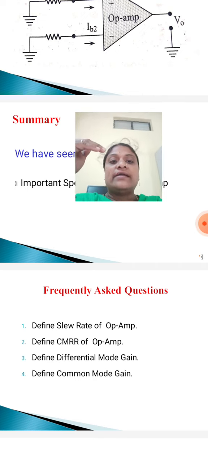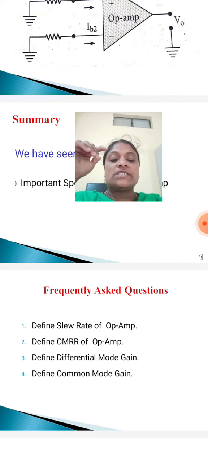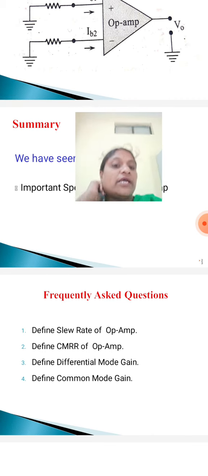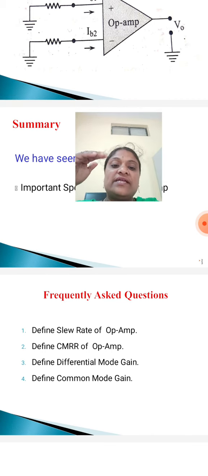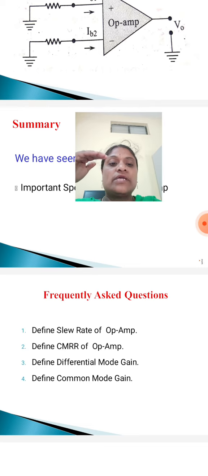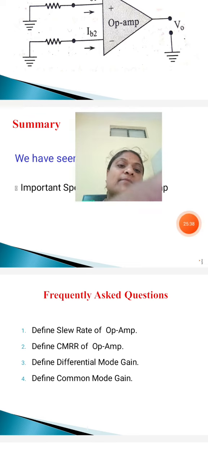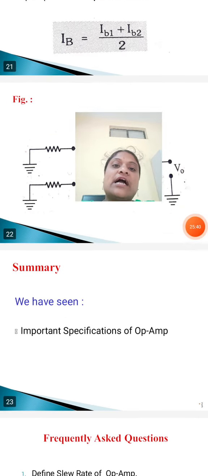Another question may be asked: define CMRR of op amp. Next question: define differential mode gain. Define common mode gain.